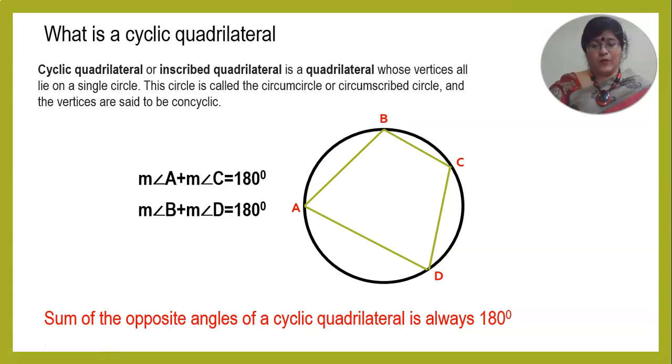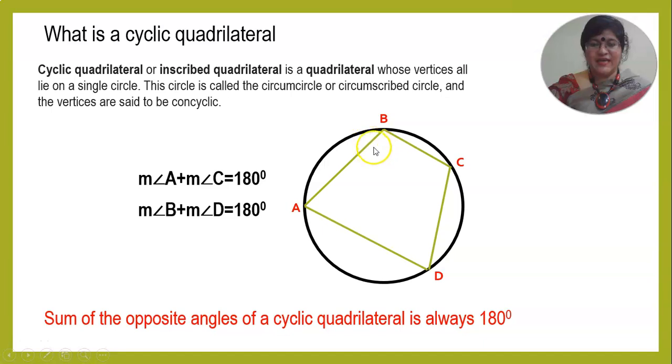Now, let us prove that the opposite angles of this cyclic quadrilateral are supplementary. In order to prove this, you need to know a few things. What is an inscribed angle? What is an intercepted arc? So let me revise it once again.